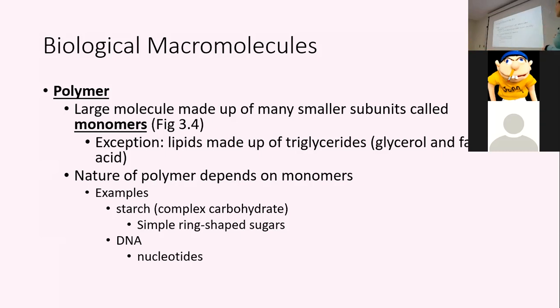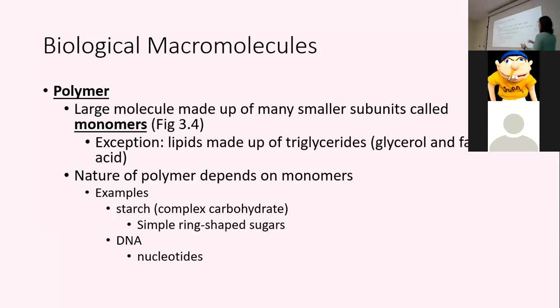Now, the way a polymer behaves depends on the monomers that it's made of. That makes sense. So starch, which is a complex carbohydrate, a polymer, is made of monomers that are just simple ring-shaped sugars.